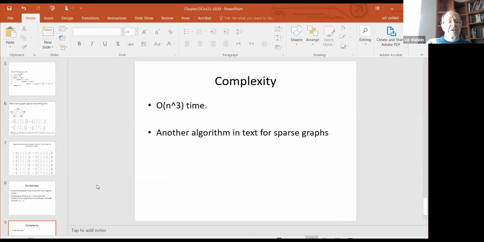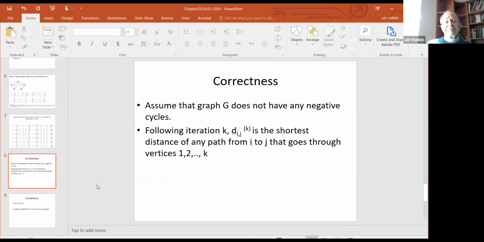So when it comes to correctness, we are going to assume that the graph does not include any negative cycles. So following iteration k, d_ij^k is the shortest distance of any path from i to j that goes through vertices 1 up to k.